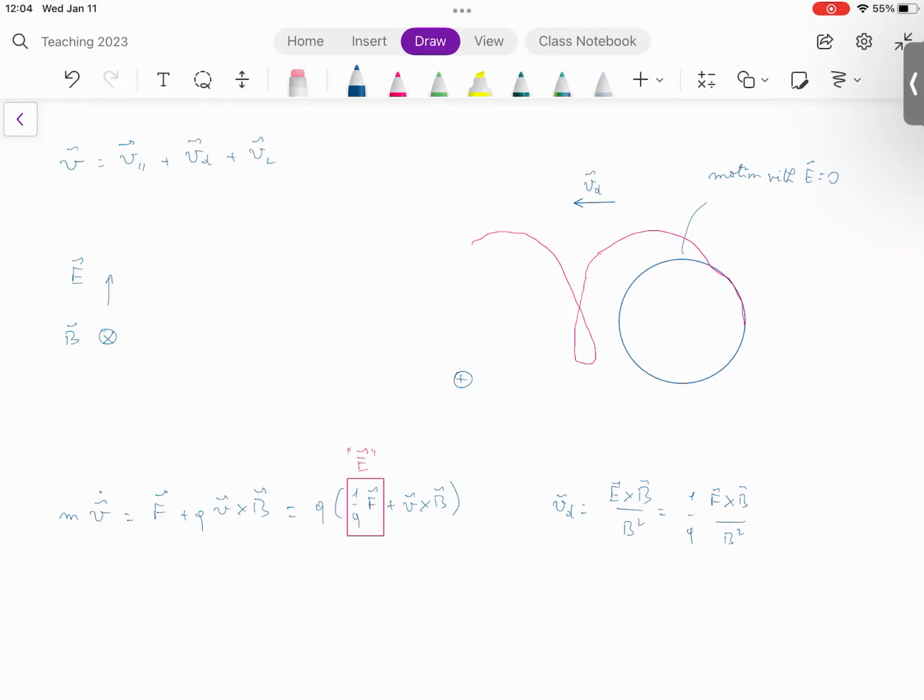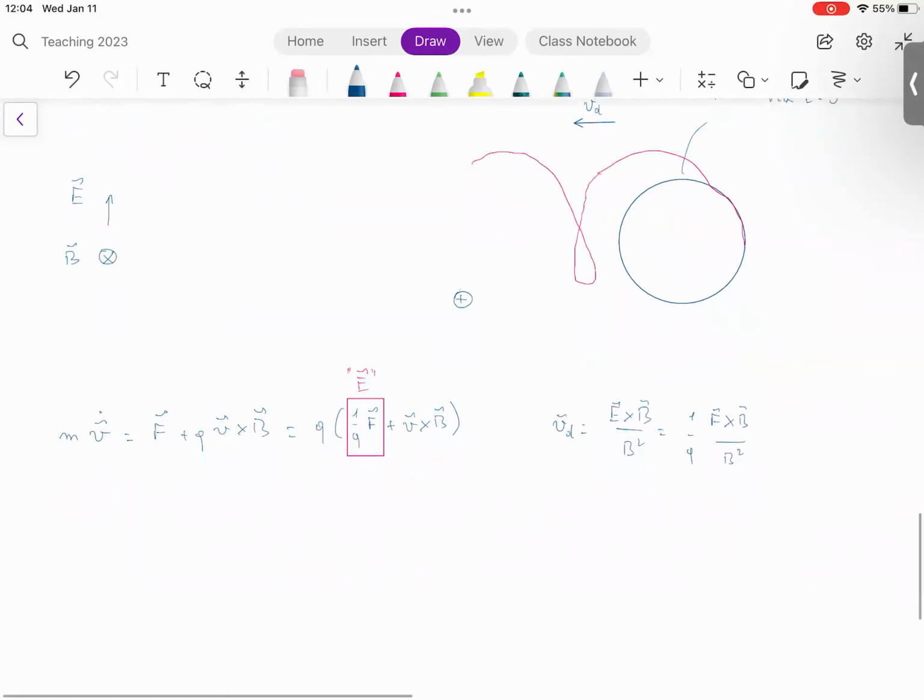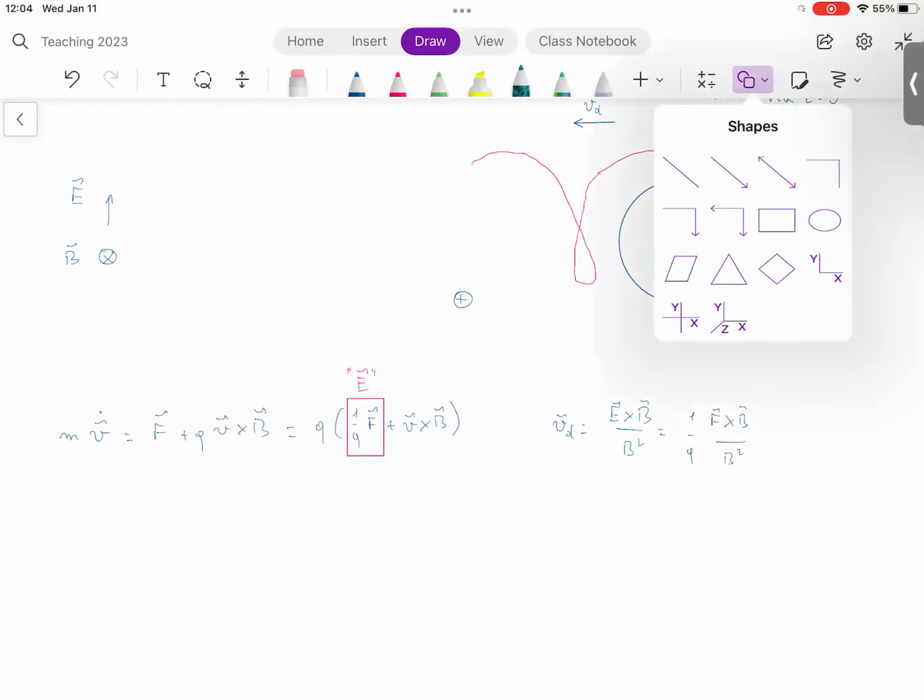But in this case, it will depend on the charge. That is, ions and electrons will drift in the opposite direction. And that is about all we can do with constant fields, which I think is already quite a bit.